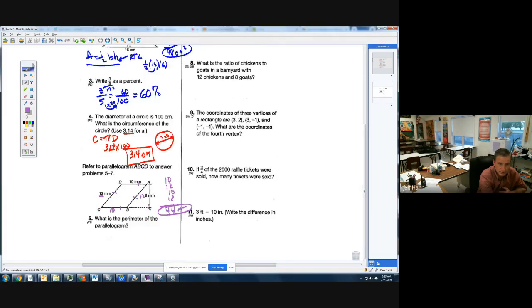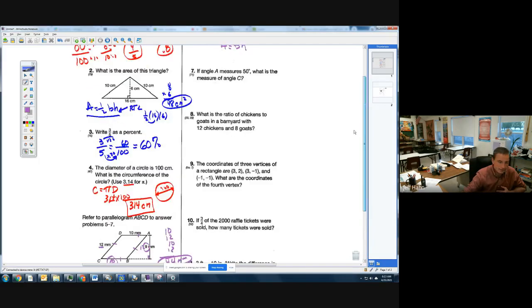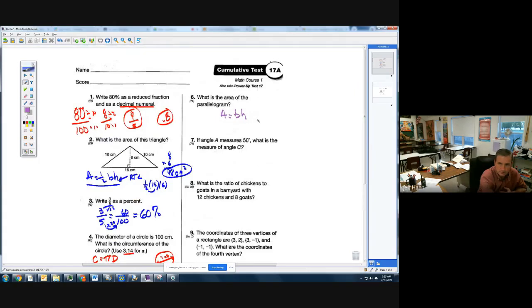I look for this right here where it gives me that straight up and down line, it should be 10 times 9 for my area. And again, that's some pretty easy stuff. That's 90 millimeters squared.